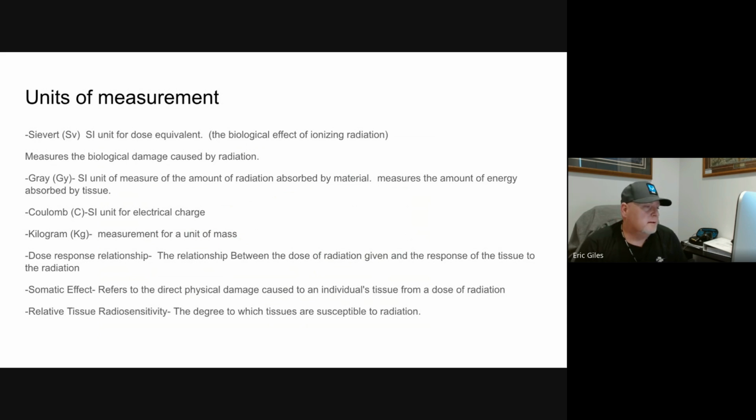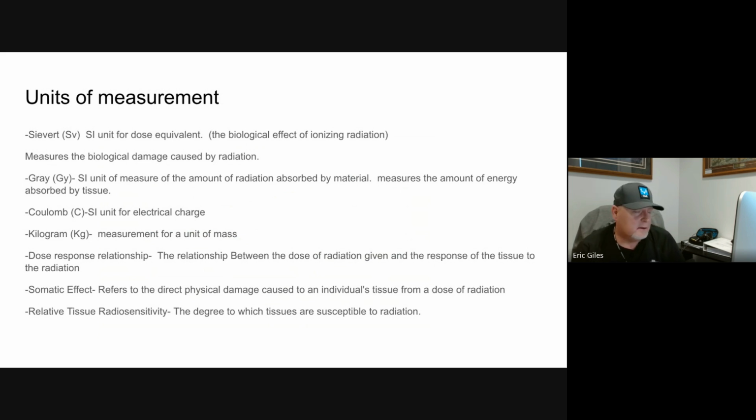Okay. Dose response relationship, the relationship between the dose of radiation given and the response of the tissue to the radiation. So whatever dose you're given, your body is going to react to that, and that's the response relationship. Okay.